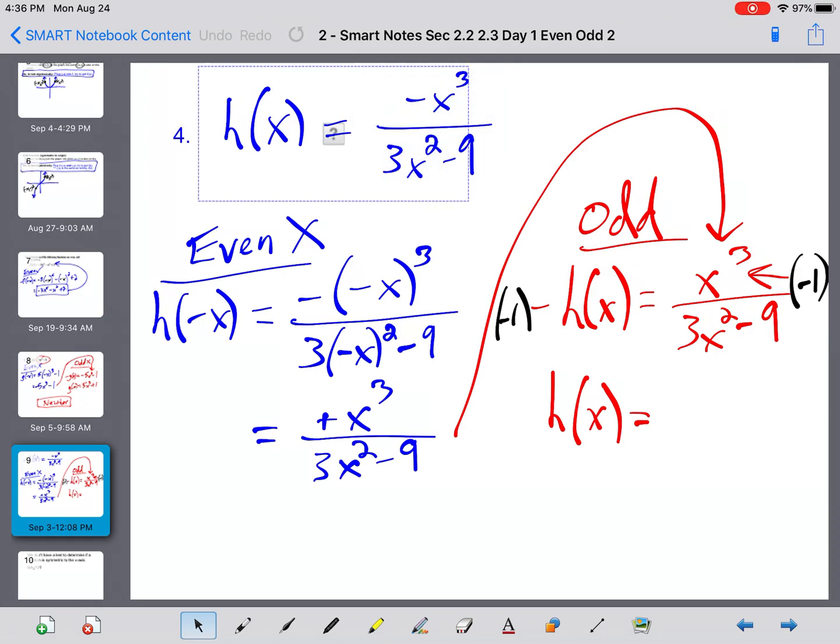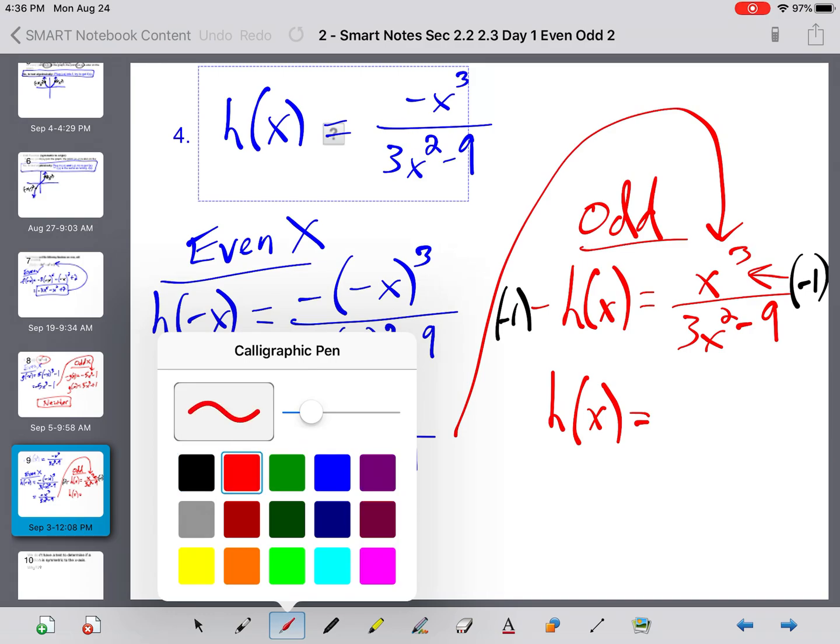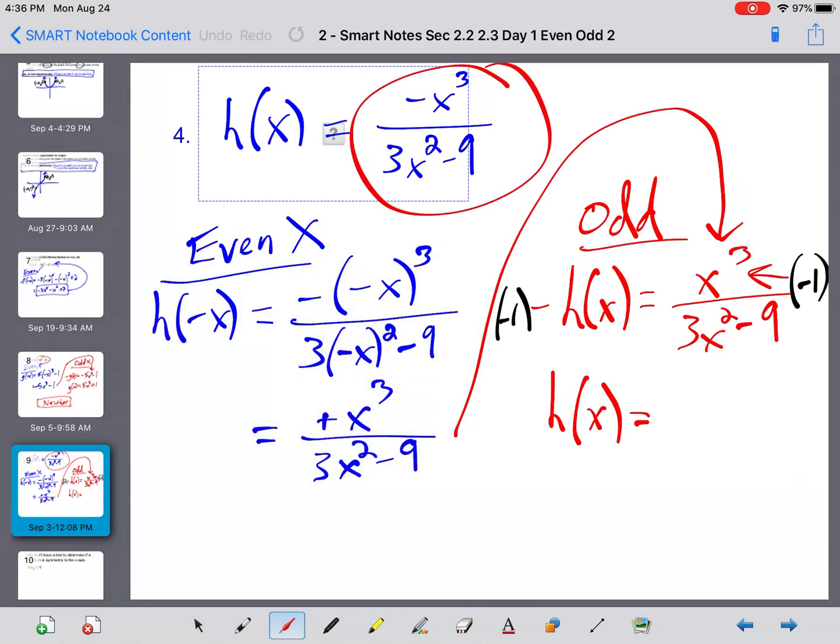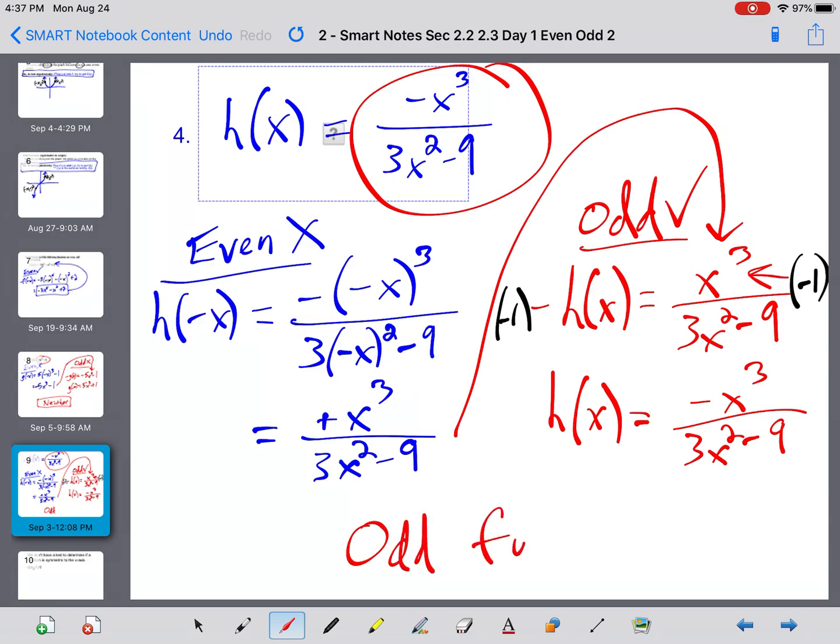Now remember, your goal is to get back to this original equation, right? So I'm going to pick to put it back up into the top. If I take that -1 up to the top, I get a -x cubed up top over a 3x squared minus 9 down low, and I'm back to my original equation, meaning this guy is an odd function.